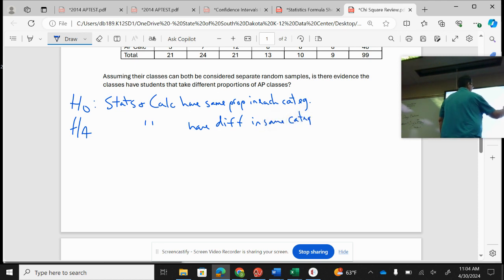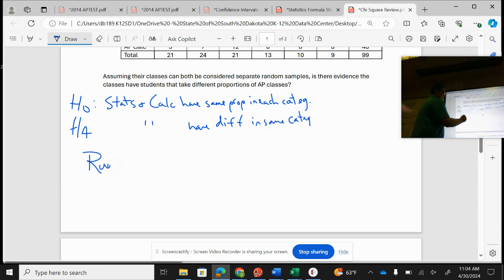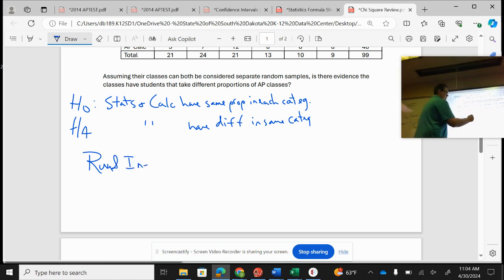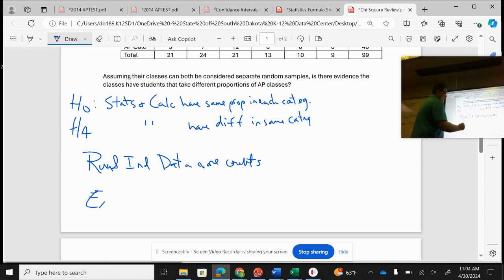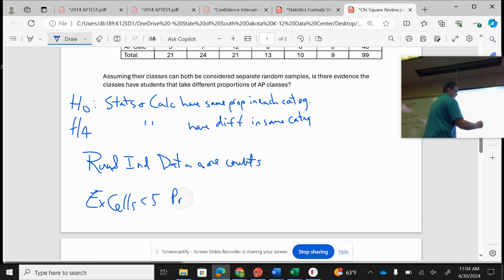Okay. So again, random, independent, data or counts. The expected cells, one of them is less than 5, so we'll proceed with caution.